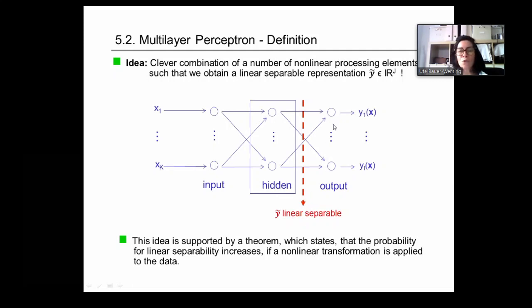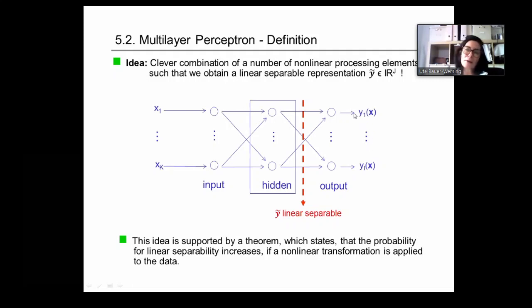So the output neurons in the output layer now look at a linear separable problem and can do the classification using what we've seen for the perceptron and the Adaline model.